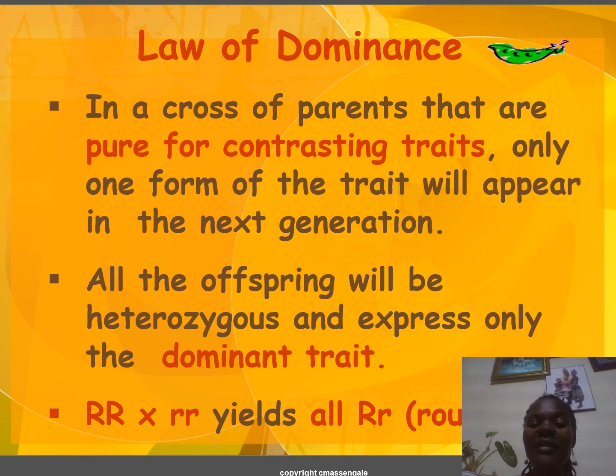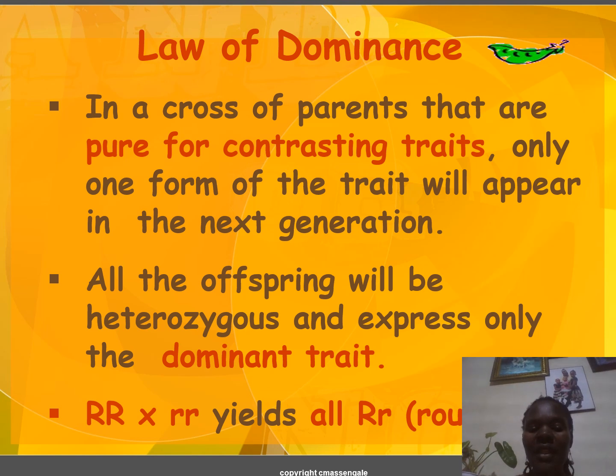It means only one form of those traits will appear in the next generation. All the offspring will be heterozygous, and the dominant allele is the one which will be expressed. So the dominant one will override the recessive one and is the one which will show.